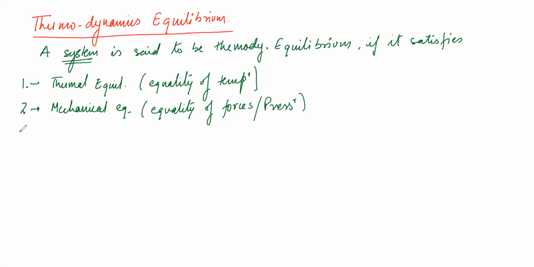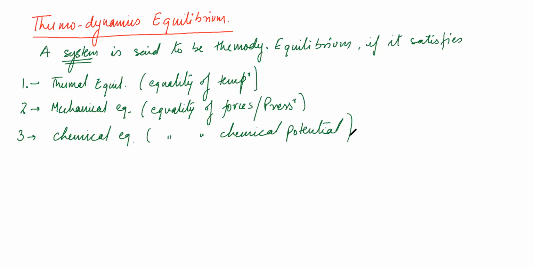Now the third one, which is your chemical equilibrium. So chemical equilibrium means what? Equality of chemical potential. So these are the terms which are defined.